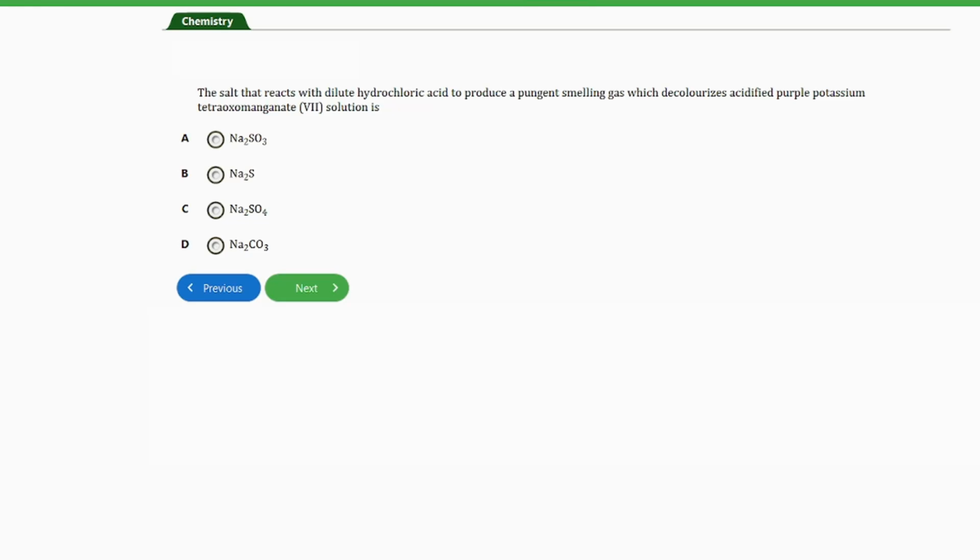B, sodium sulfide. C, sodium tetroxosulfate 6. D, sodium trioxocarbonate 4. So guys, the answer to this question is option A, and that's sodium trioxosulfate 4.